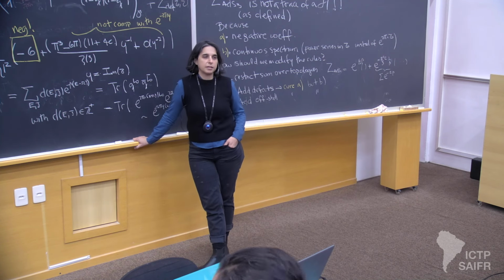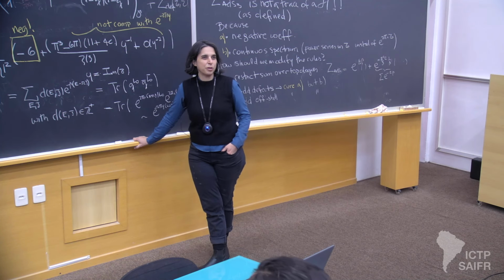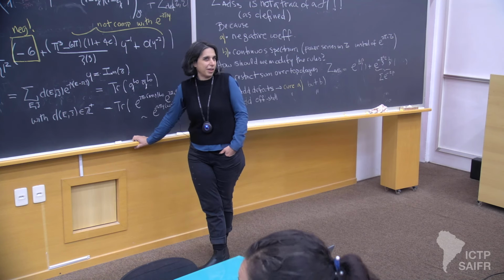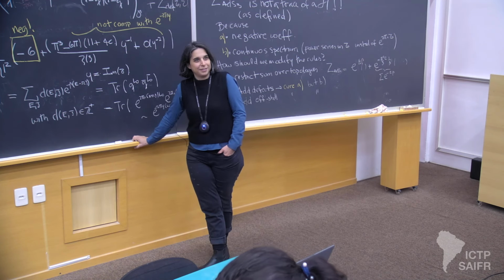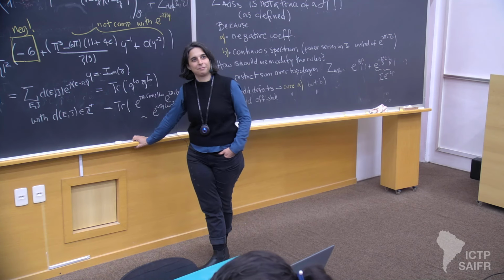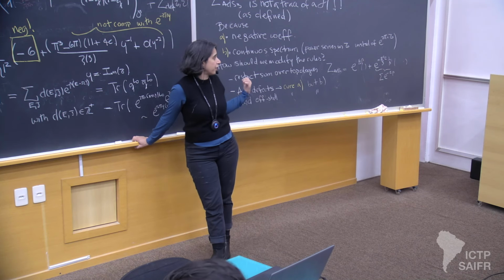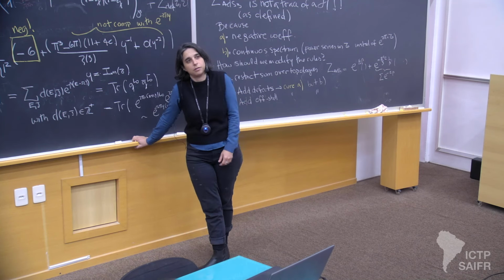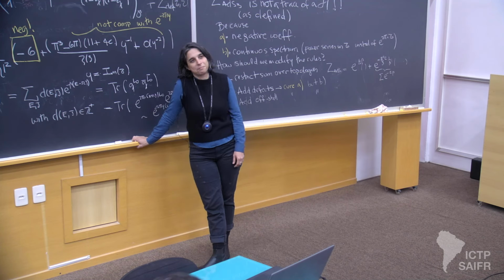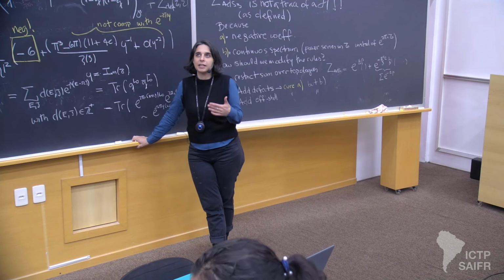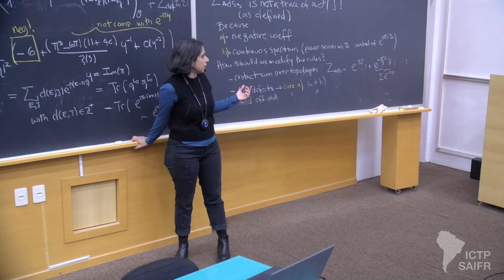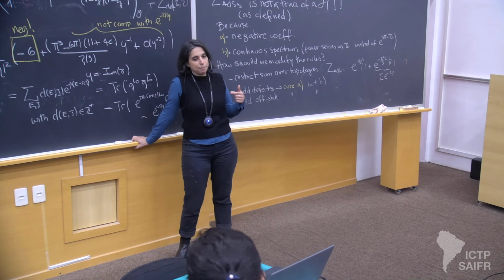But then it's a bit ad hoc, because why would you add some defects? It still doesn't cure the fact that the spectrum is continuous. At least it's an indication. Defects are usually understood as adding matter.